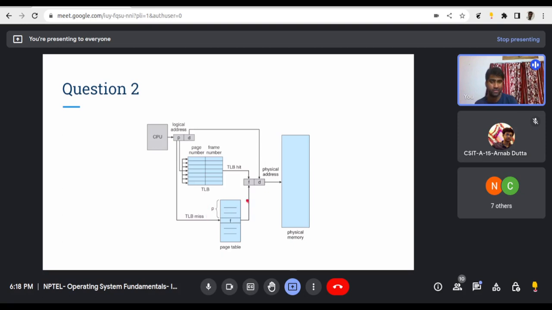So that slows down the process a bit, you may think, but the better the entries that are picked up from the page table into this TLB, the more the chances of a TLB hit increase, and that effectively reduces the access time of reading a frame from the main memory. Okay, so we'll study numericals related to that next.